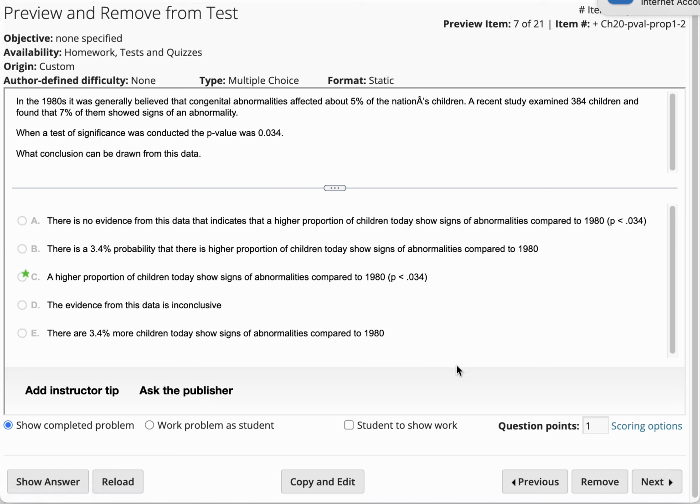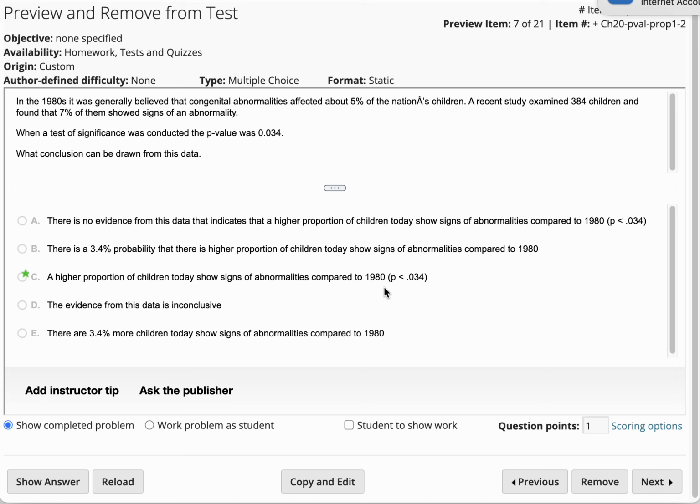And let's see, there's a higher proportion than the 1980 figure. Apparently the alternative is a study examined children and found them having a 7%.